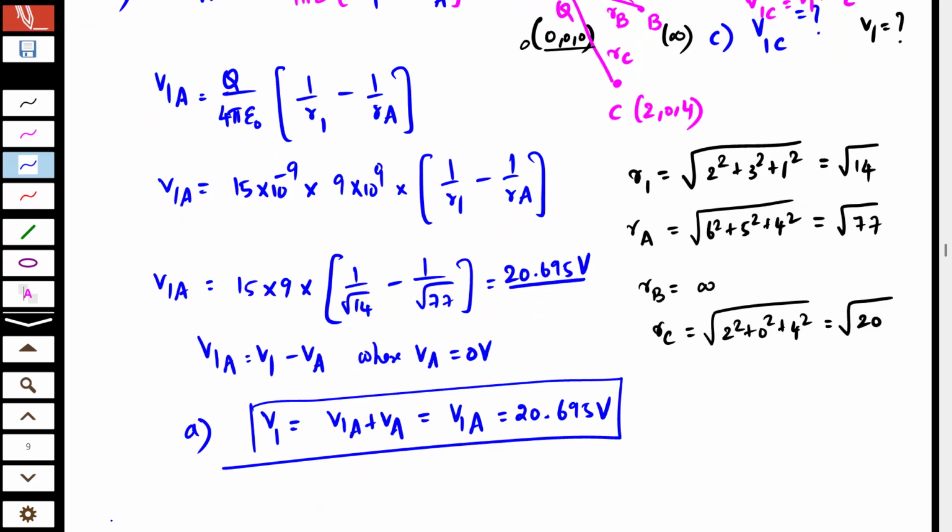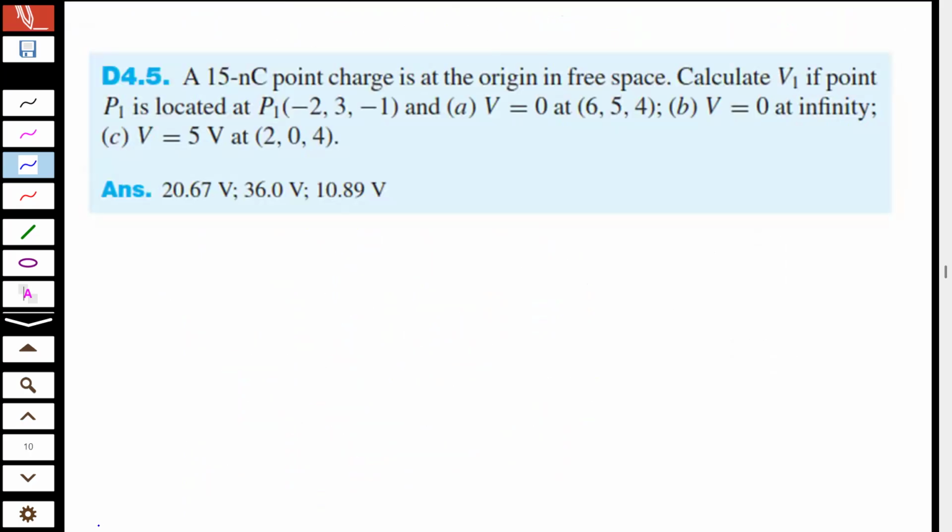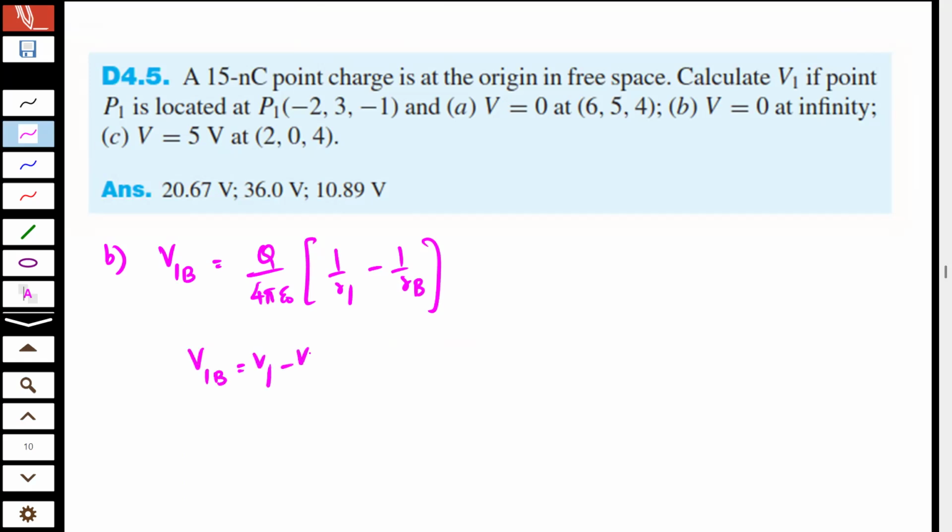Next, we can go for the next subdivision, B. For subdivision B, we will be doing it in a similar way. V1B is Q by 4 pi epsilon naught, 1 by R1 minus 1 by RB. And we also know V1B is V1 minus VB, where VB is given as 0, and V1 is the same as V1B.